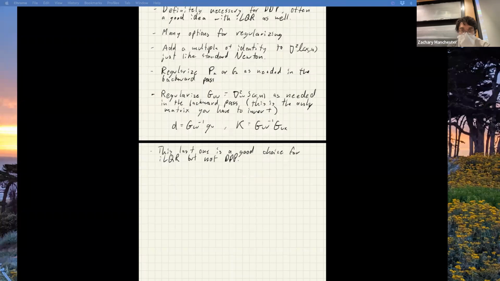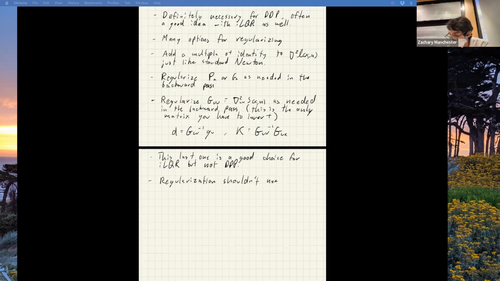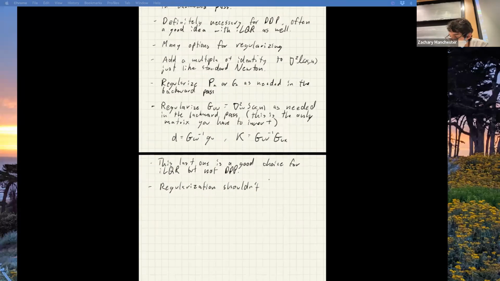Okay, and then the last comment is, strictly speaking, you shouldn't need regularization for ILQR, but often in practice you do because of floating point round off stuff.